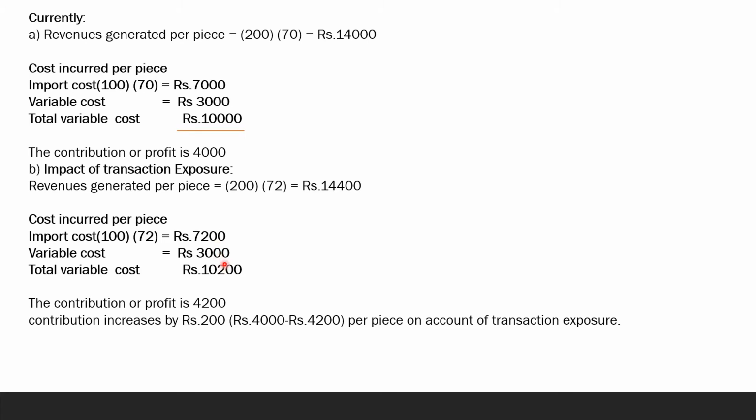So the total variable cost is 10,200. The contribution per piece or the profit per piece is 4,200. So here impact of the transaction is gain. Before the contribution was 4,000. Now after the change in exchange rate, he is getting 4,200 as a contribution. So the impact of transaction risk is gain here of rupees 200.